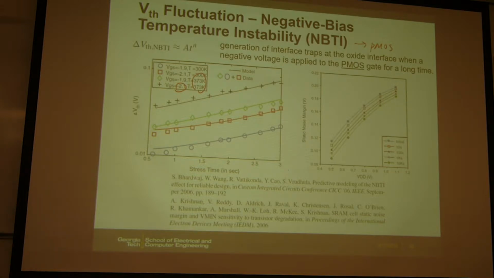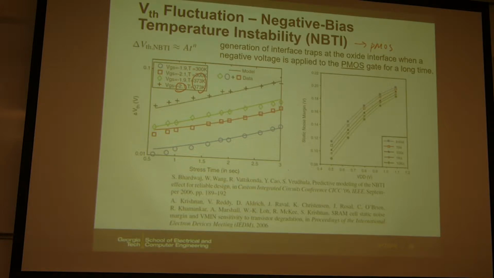And those traps will capture some electrons, and then your threshold voltage will change. So later we will see the flash transistor. You intentionally trap those electrons, and then you make a VTH shift and use that as a flash memory. But this one is not your intention. You don't want this to happen. So this is for logic transistors or SRAM transistors. Then you don't want this VTH shift.